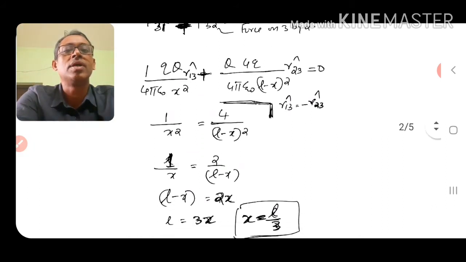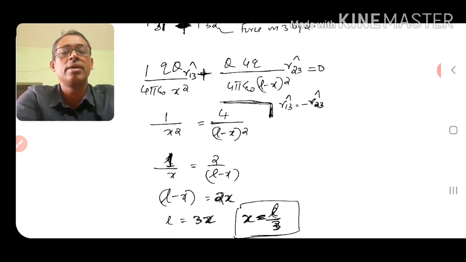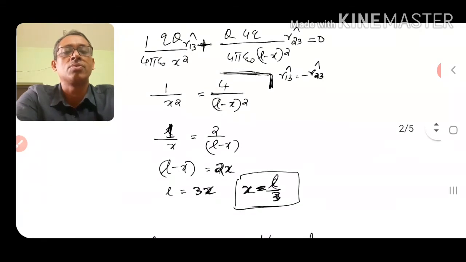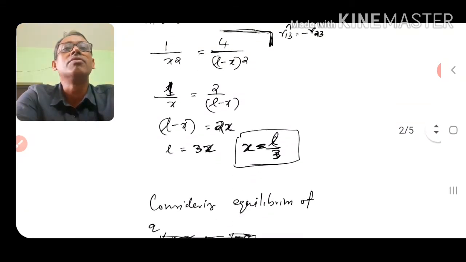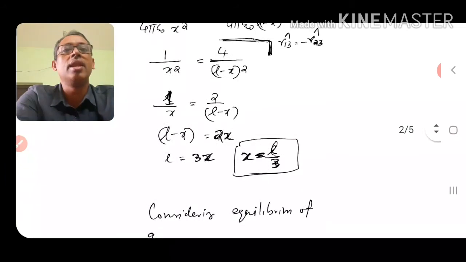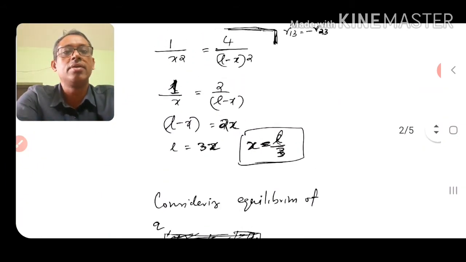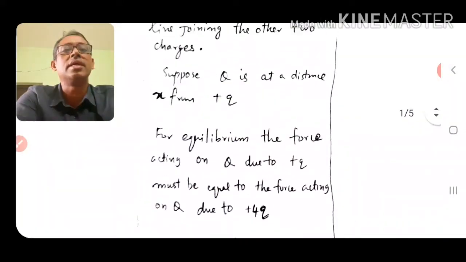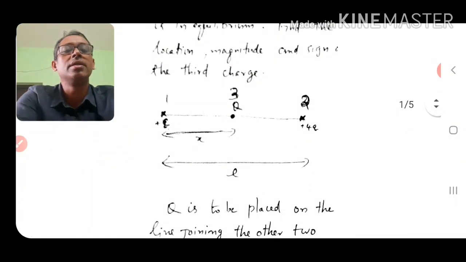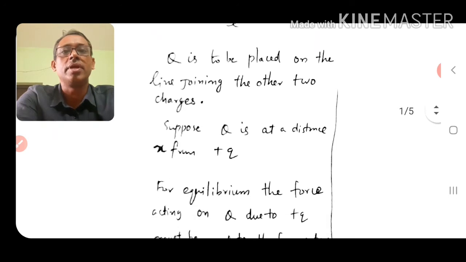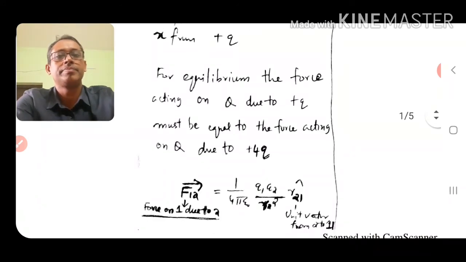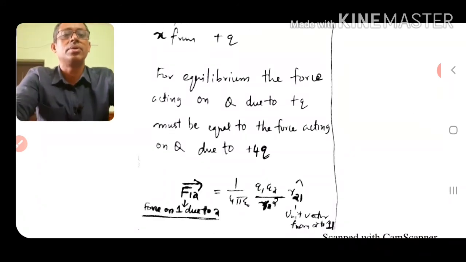What remains is 1 by x square equal to 4 by L minus x square. From this we find L is 3x, so x is equal to L by 3. So this distance x has to be L by 3 for them to be in equilibrium. I think that is clear to you now.